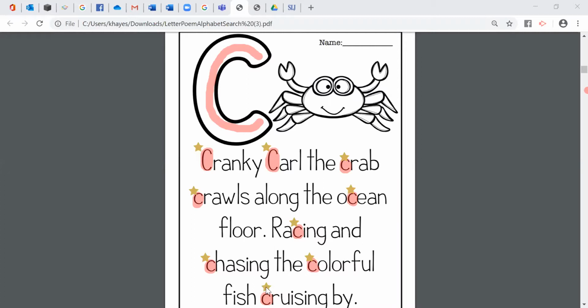Did I miss any letter C's? Nope. So we had 9 letter C's this time. Great job, friends. Let's clear that and come back to our letter chart.